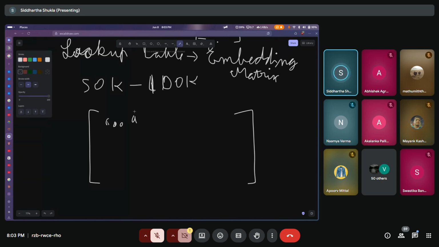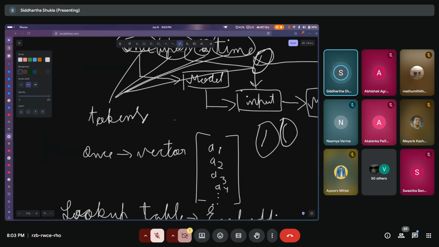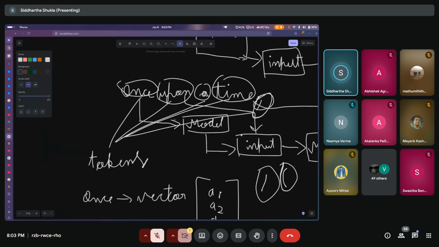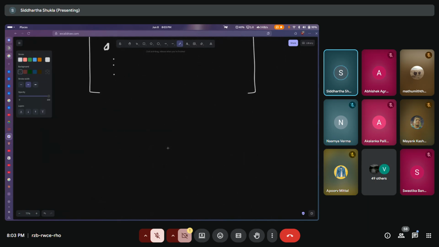This basically contains the list of all vectors, the lookup table or the embedding matrix. This contains a list of all the vectors that the LLM is going to use to refer to all of these tokens individually.